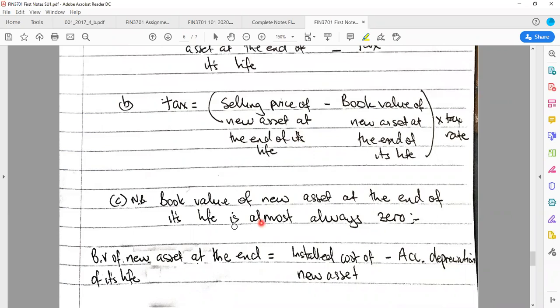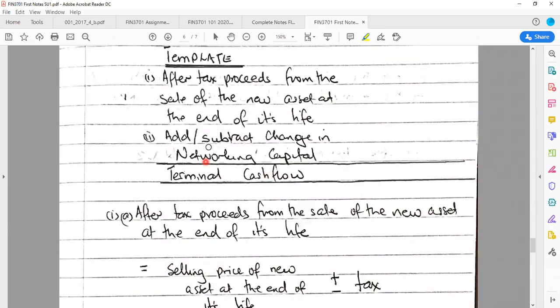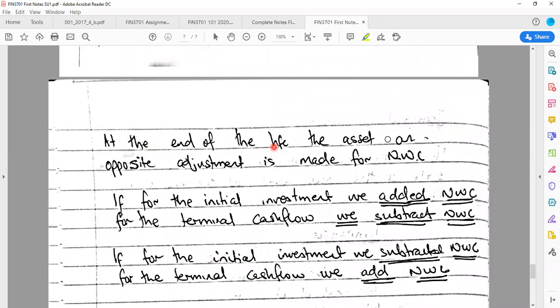So the last part with regards to calculating the terminal cash flow is the addition or the subtraction of the change in net working capital, right? So at the end of the life of an asset, an opposite adjustment is made for net working capital.